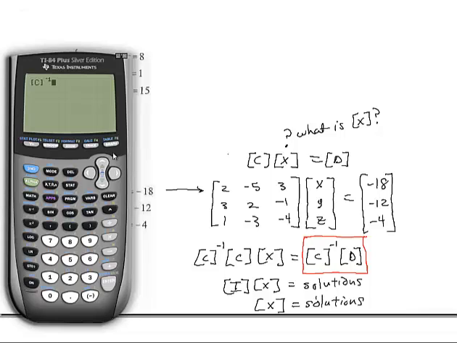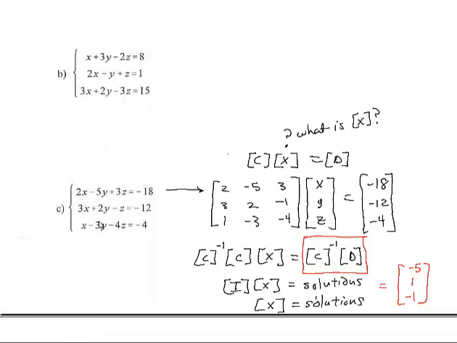You have to hit the arrow button over to the right, and then you want to enter matrix D. Enter, and there we go. There's our solutions. We have the matrix -5, 1, -1, which tells us that x is -5, y is 1, and z is -1.